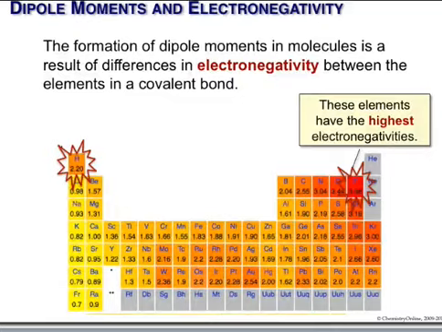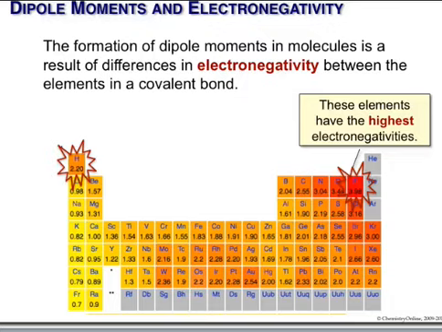If you look at the periodic table, the smallest numbers are down in this corner, the largest are up here. As you go across, they get bigger. As you go up, they get bigger. Therefore, carbon is more than silicon. Nitrogen is more than phosphorus.